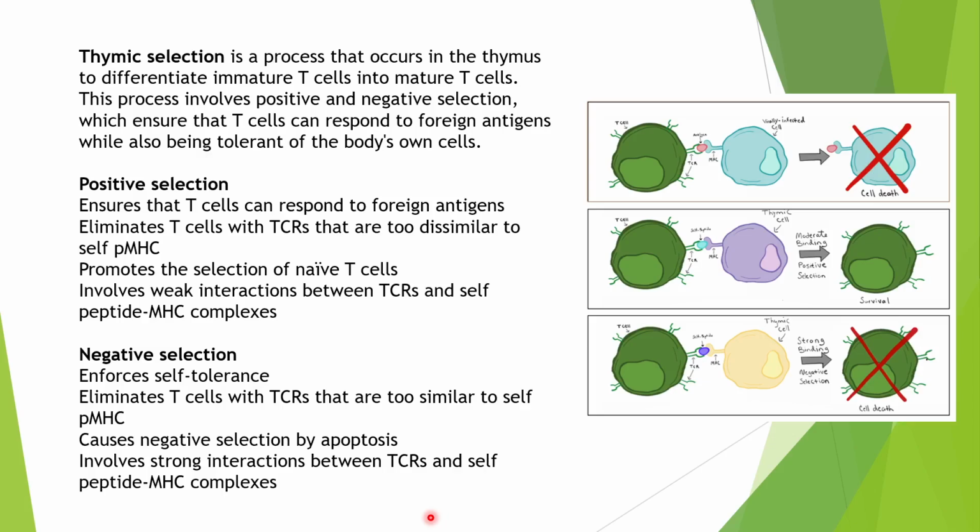a negative selection. So this will ensure that the T cells can respond to foreign antigens while also being tolerant to the body's own cells. Like we discussed about the autoimmune disorders or diseases, the immune cells must always be able to differentiate between self and non-self. That is, your own body cells and your own body antigens, and something that is not belonging in your body naturally.